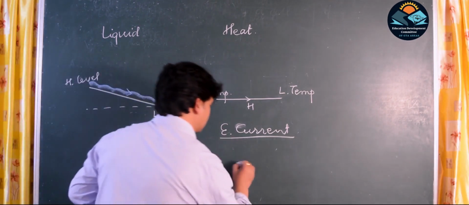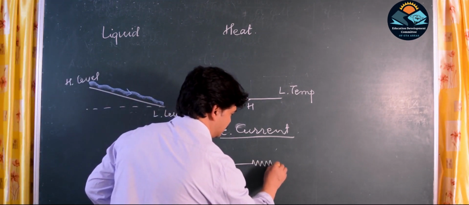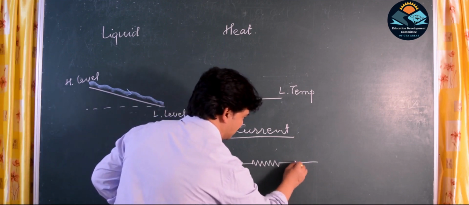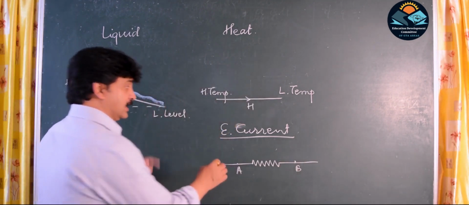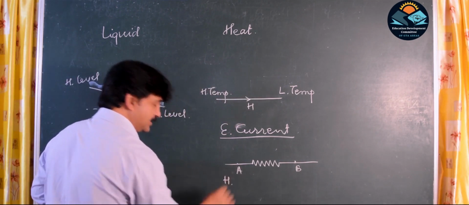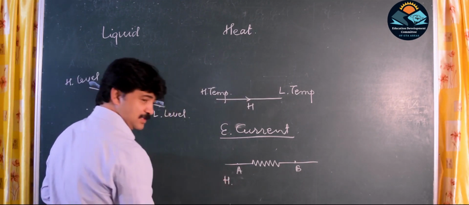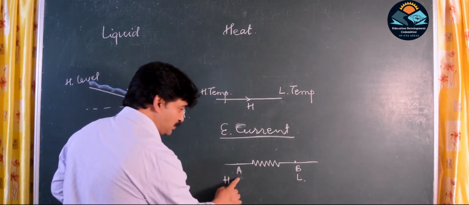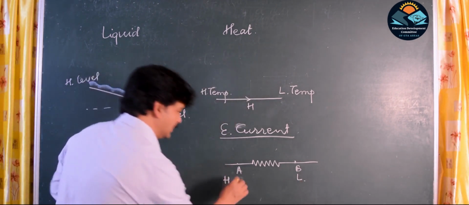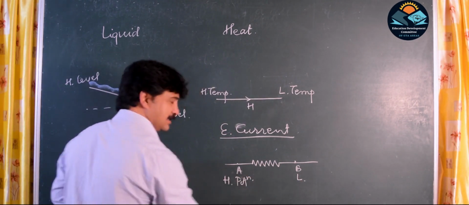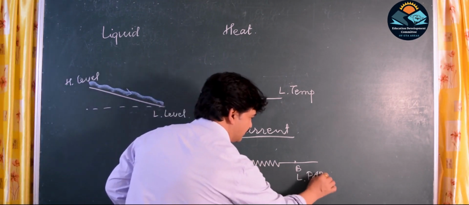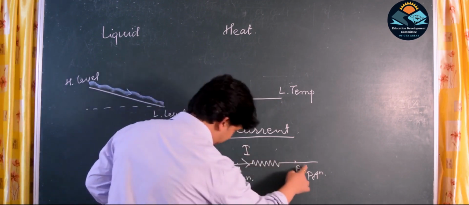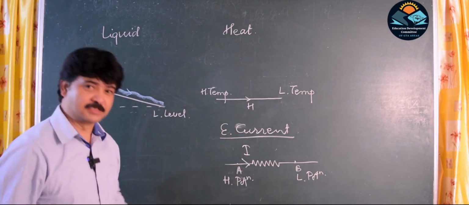Similarly, electric current, suppose if this is a wire, these are the 2 points A and B. If A is at higher value of that physical quantity and B is at lower value, what should this physical quantity be? It is potential. So electric current flows from higher potential to lower potential.